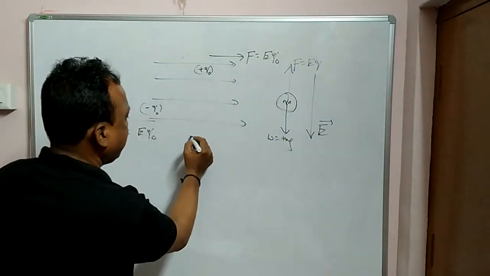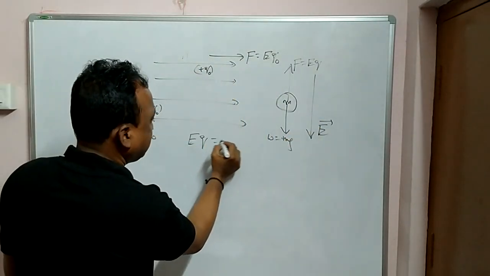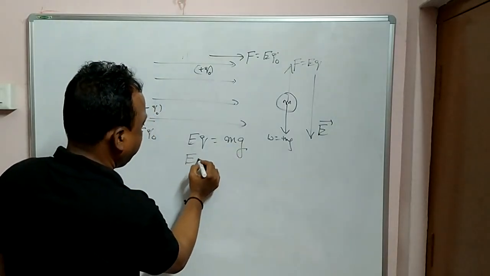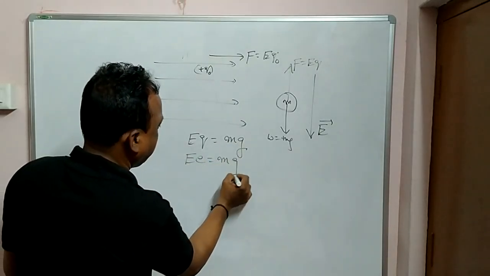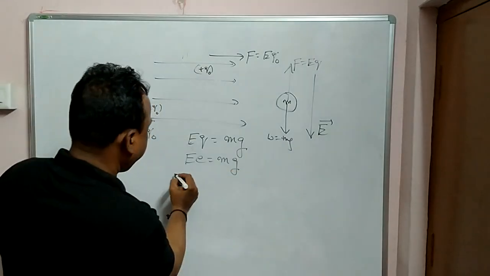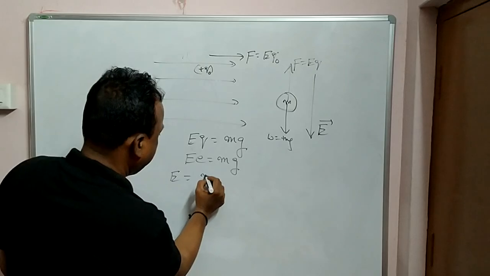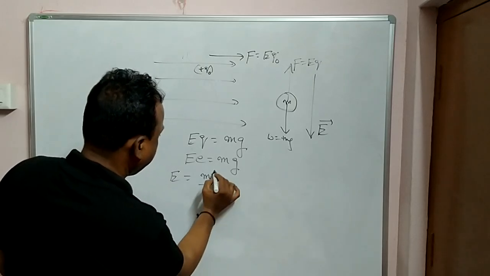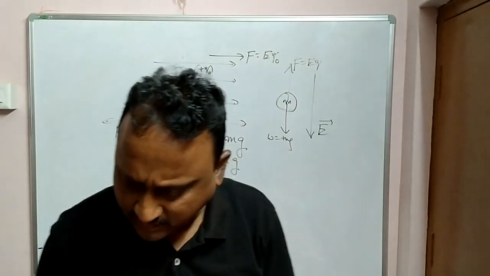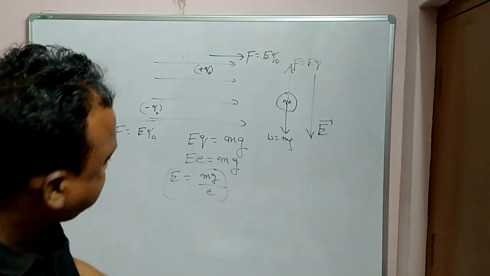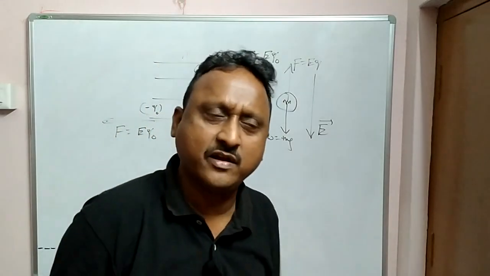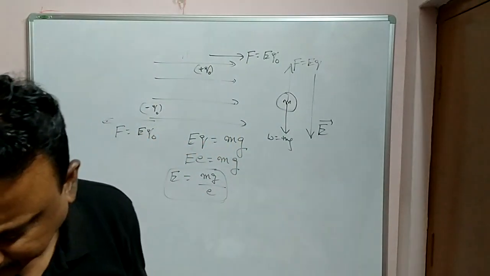So here EQ is equal to mg. From this, what is the electric field intensity? Mg by E, or mg by Q. Like this the equations can be derived. E and Q here, E is the charge of the electron, Q is also the charge of the electron.